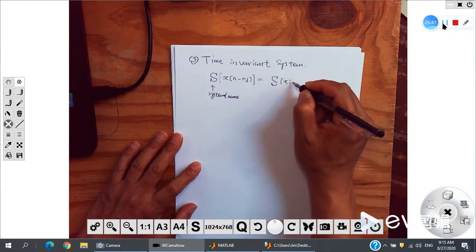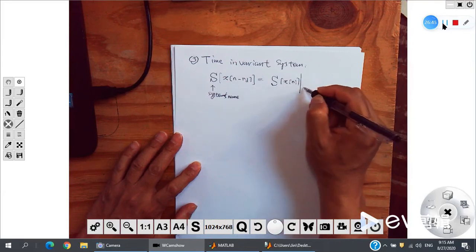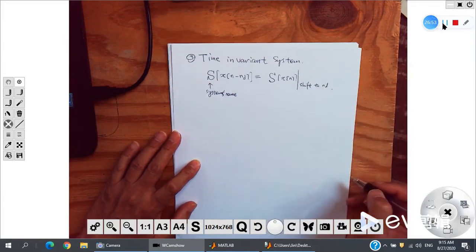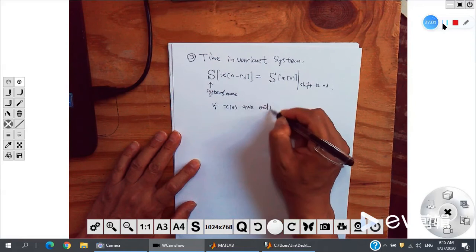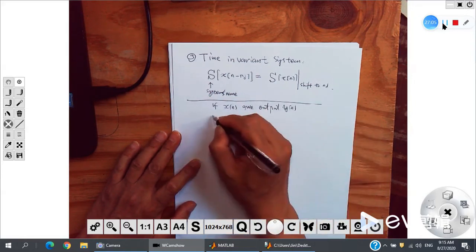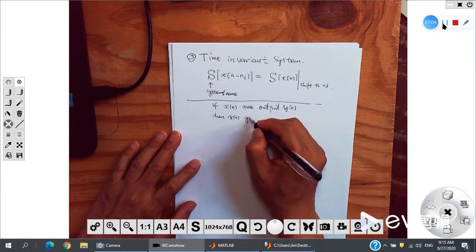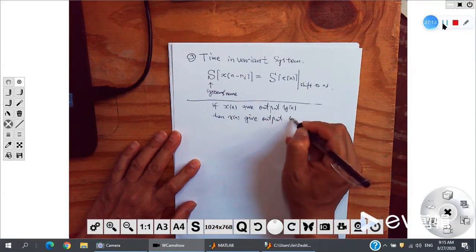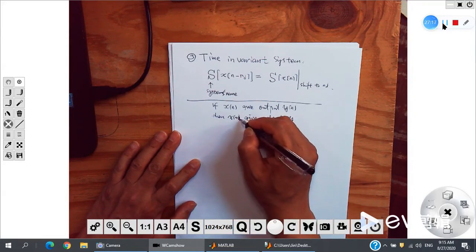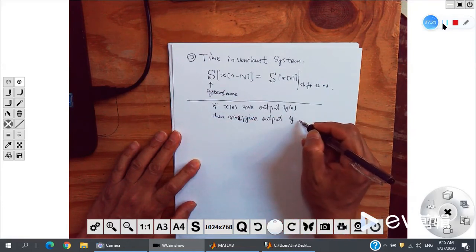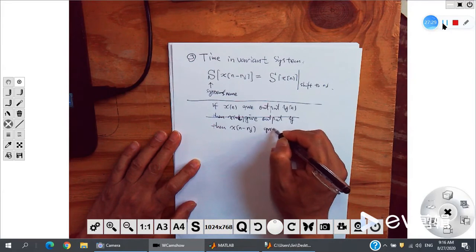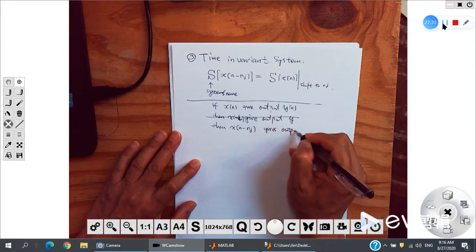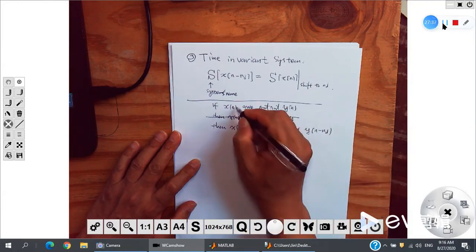If x of n gives output y of n, then x of n minus nd gives output y of n minus nd. And this is it.